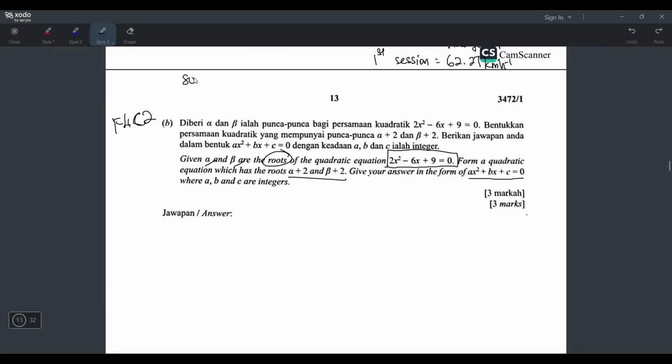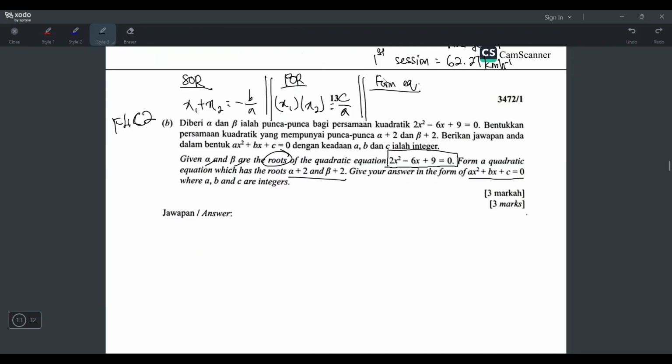There are three formulas you need to be aware of. The first is the sum of roots formula. When you take the roots and add together, x1 plus x2, you will end up getting negative b over a. This works for every equation. What about the product of roots? For the product of roots, x1 times x2, you will end up getting c over a. And another formula, you will use it when they ask you to form an equation.